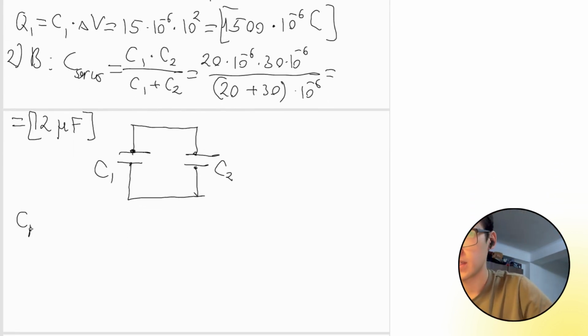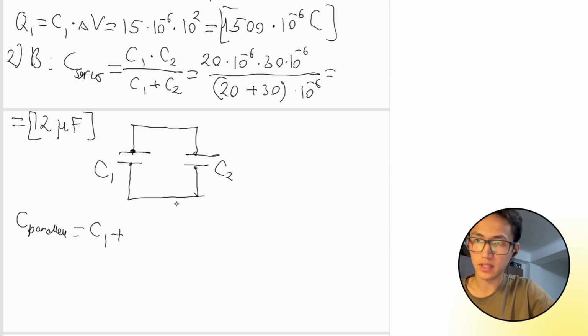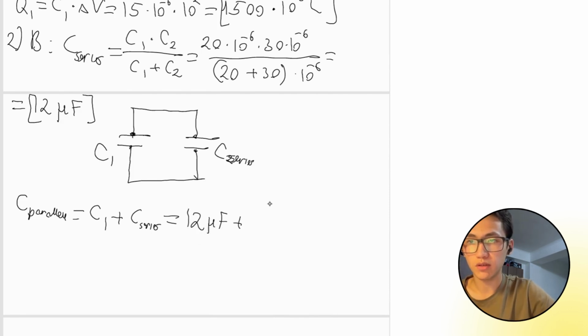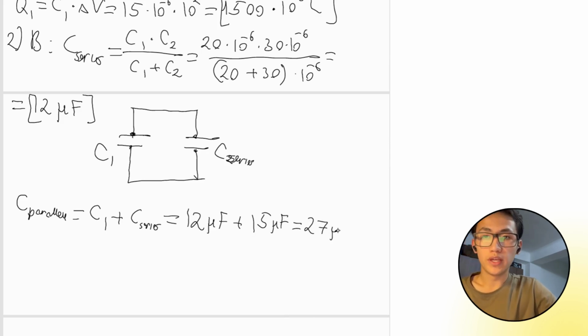I can find it by parallel addition: C1 plus C series. It will be 15 microfarad plus 12 microfarad, which is 27 microfarad.